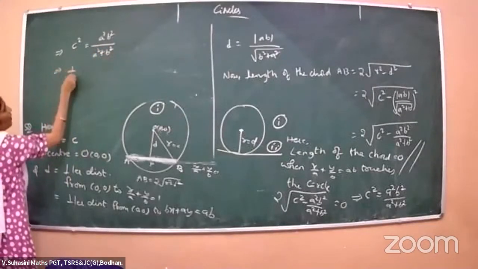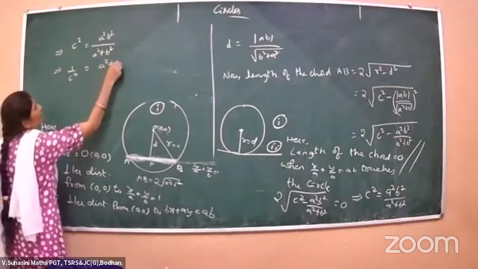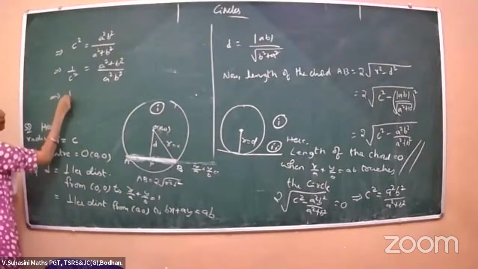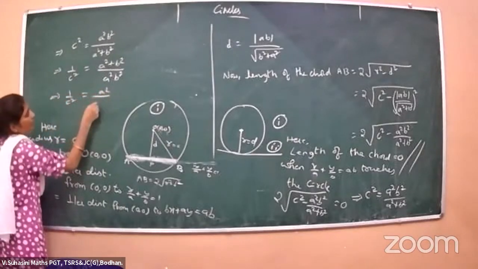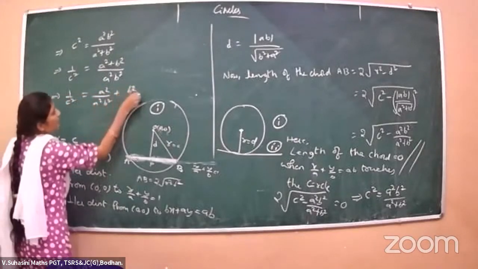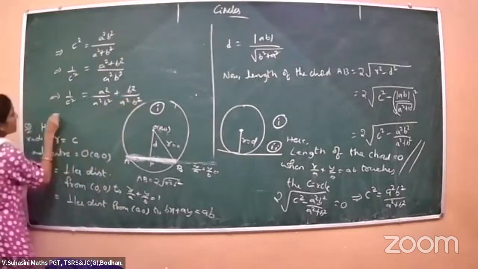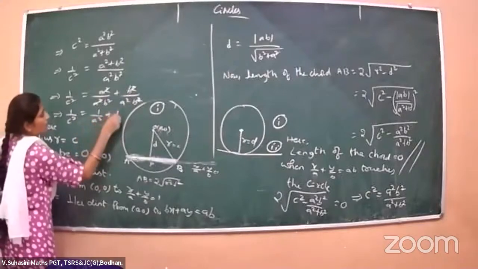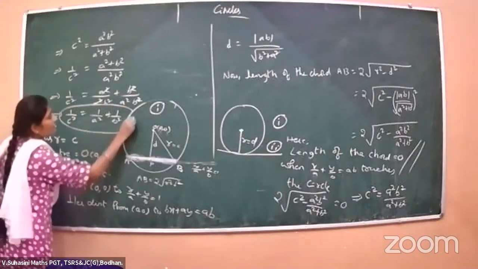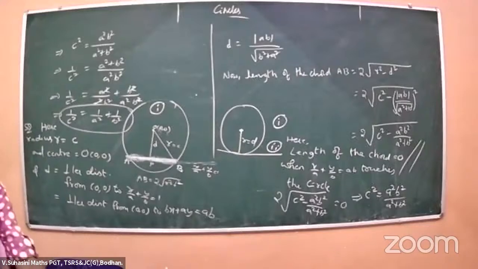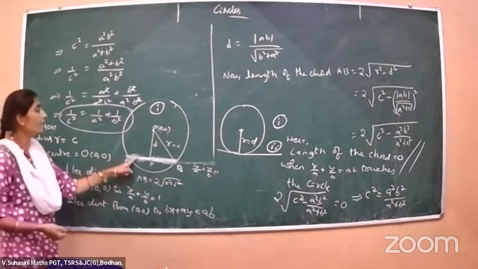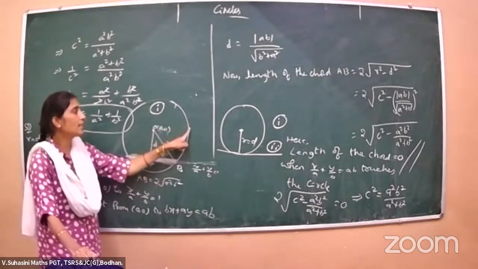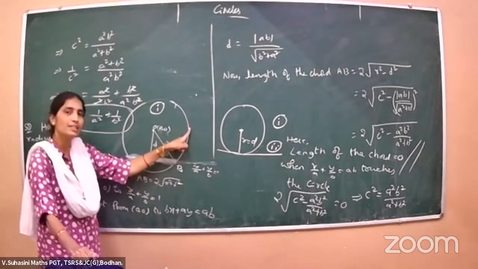Taking reciprocal, 1 by c square is equal to a square plus b square by a square b square. Dividing the fraction, 1 by c square is equal to a square by a square b square plus b square by a square b square. Cancelling a square and b square, 1 by b square plus 1 by a square. So 1 by c square is equal to 1 by a square plus 1 by b square is the required condition for the line x by a plus y by b equal to 1 to touch the circle x square plus y square equal to c square.